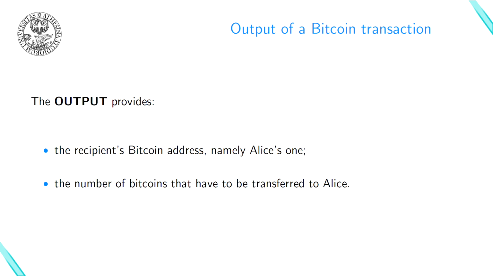The output provides the recipient's Bitcoin address, in this case, Alice's, but also the number of Bitcoins that have to be transferred to Alice. In our example, the price of the coffee.